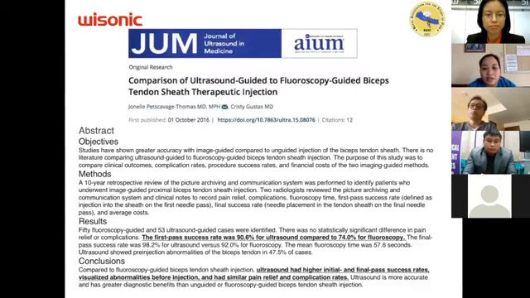So just to highlight the importance of ultrasound guidance in doing the therapeutic injection in biceps tendinitis, this was a study done by Jonel Pestkevez, just published in 2016. It was one of the first studies which compared ultrasound guidance with fluoroscopy guidance for biceps tendinous injection.